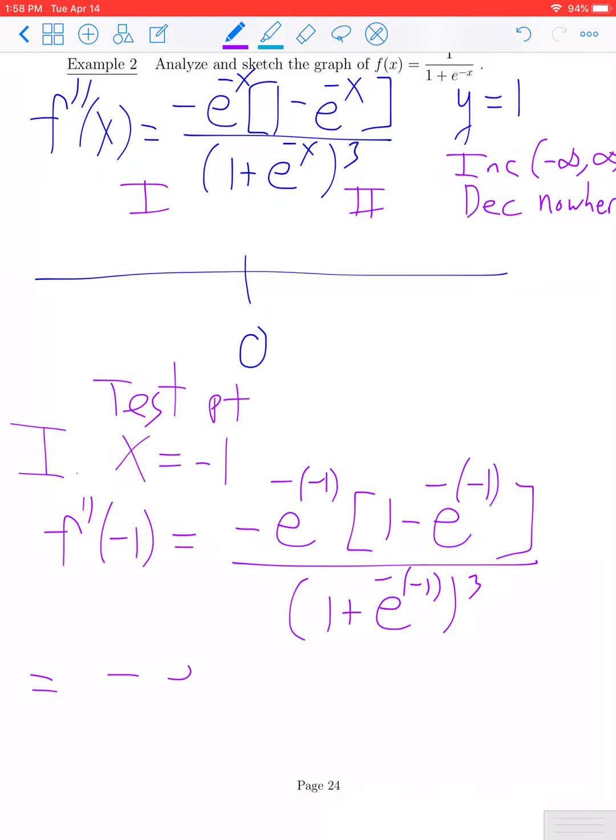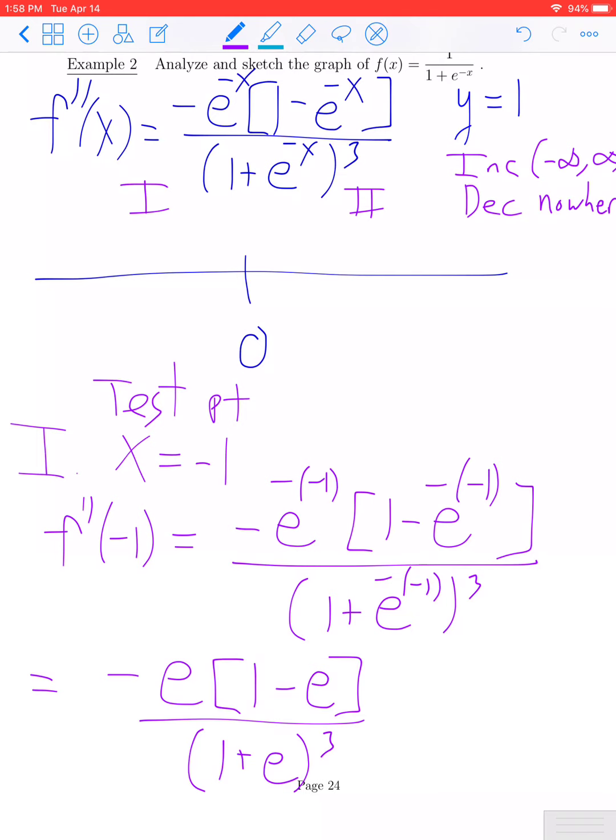This is the negative of e times 1 minus e, all divided by 1 plus e quantity cubed.